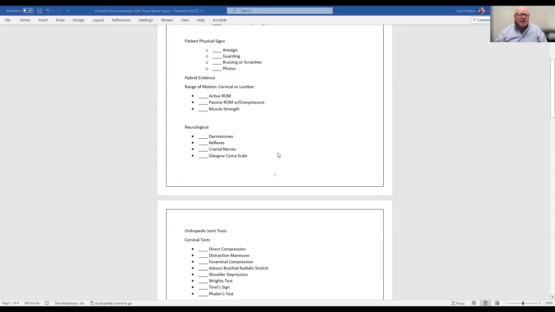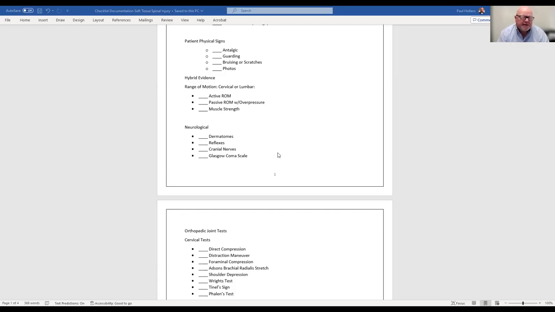Okay, so we go to neurological. What's your chances of having dermatome aberrations? You're not. Reflexes, you're not. Cranial nerves, you're not. Coma scale, typically not. Let me get to the coma scale in just a second. So remember, dermatomes can fluctuate a little bit. They're typically not pathological when you do get them as a chiropractor from a low impact soft tissue spinal injury case.